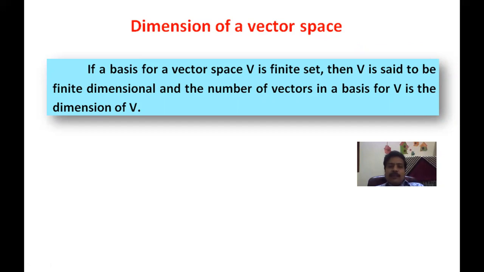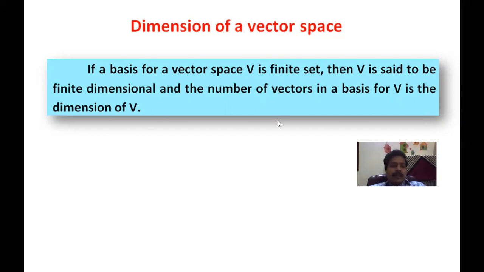So if a basis for a vector space V is a finite set, then V is said to be finite dimensional. And the number of vectors in a basis for V is the dimension of V. So that unique number is called the dimension, which is common in all the bases.